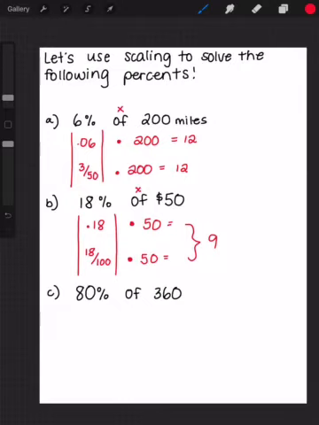That was my daughter. So now, with our last one, we have 80%. So I can either do 0.80 or just 0.8, or I can do 80 out of 100, reduce it if I chose to, of, again, our multiplication, 360.